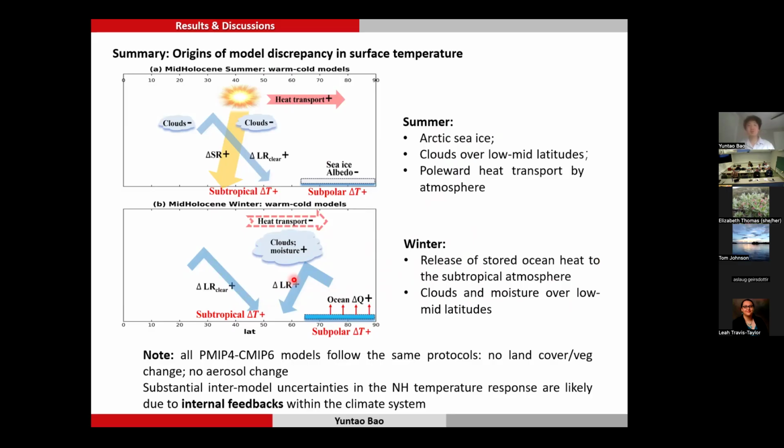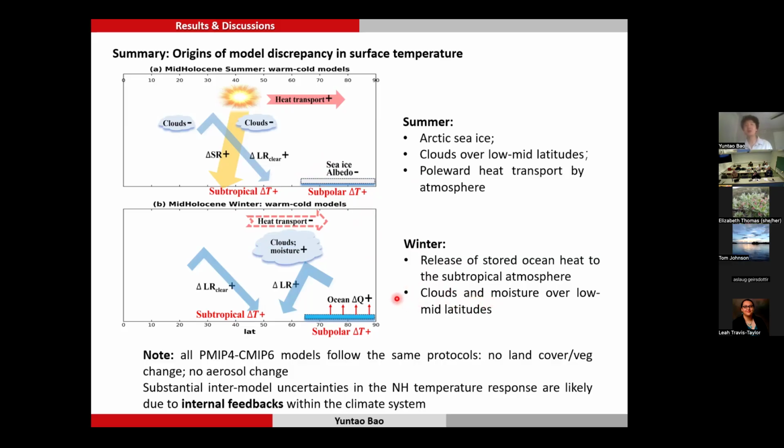So I think the new thing here compared to previous studies is that we think the multi-model uncertainties are not just coming from the sea ice albedo effect. It may also come from the model cloud and radiation feedback.